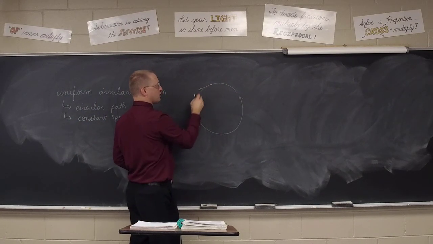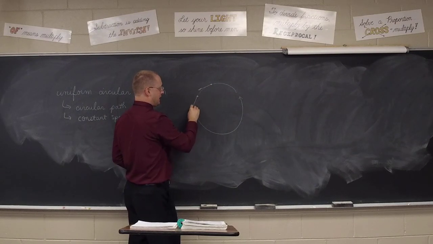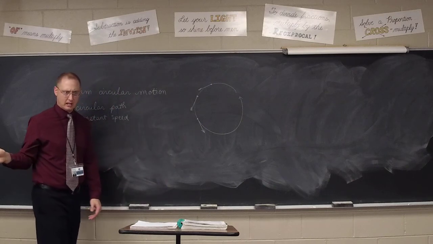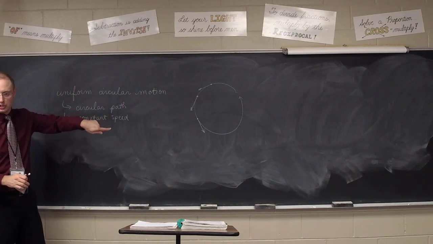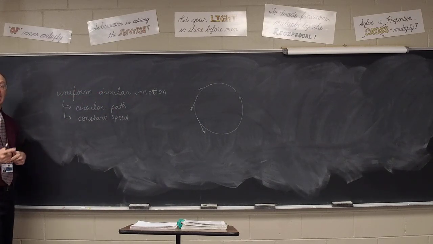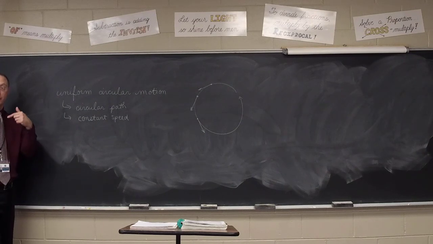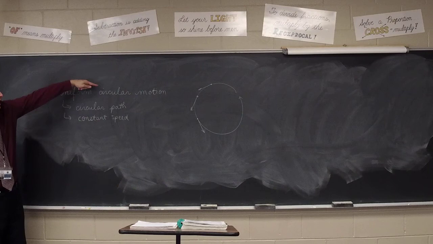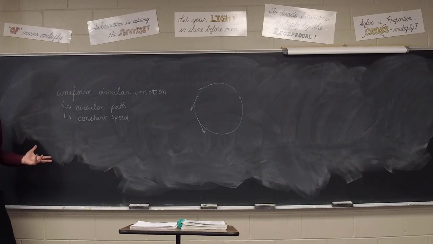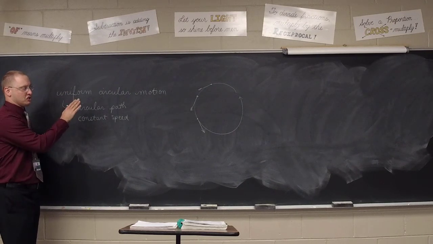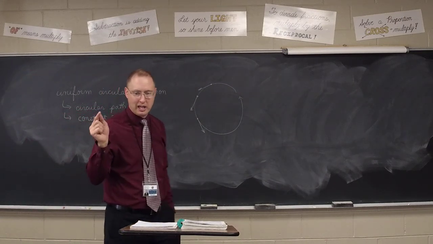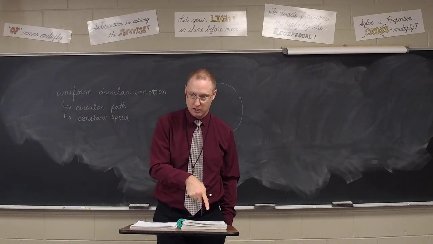The ant is looking this way, but later on the ant is now looking that way, and then the ant is looking that way. You get the idea? The direction is constantly changing, and since velocity is speed in a particular direction, you can't have a constant velocity if the object is moving in a circular path. That's impossible. But it can move at a constant speed. But the velocity is always changing.